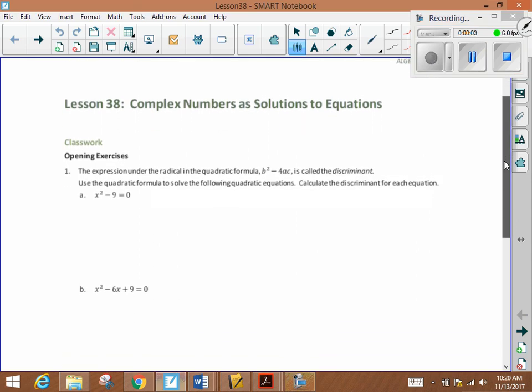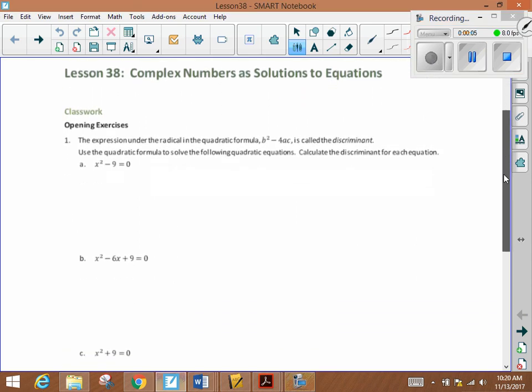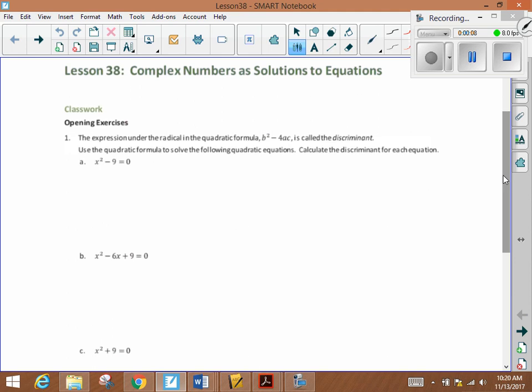We're going to be dealing a lot with the quadratic formula and talking about a certain part of it. Our quadratic formula is x equals negative b plus or minus the square root of b squared minus 4 times a times c, all over 2a.